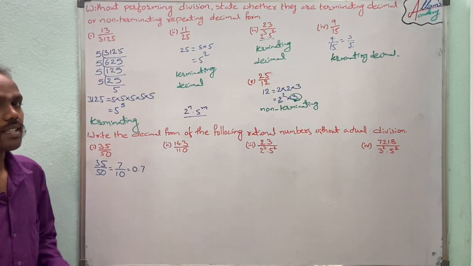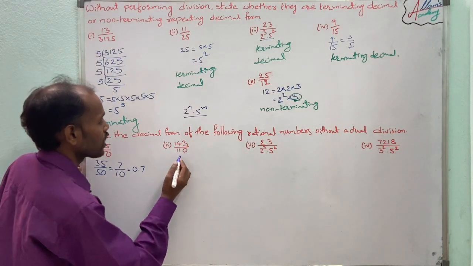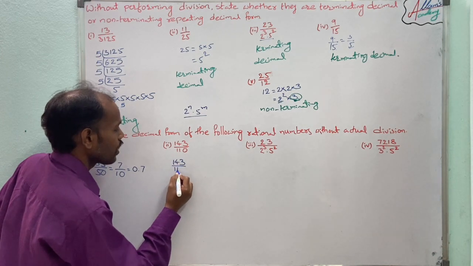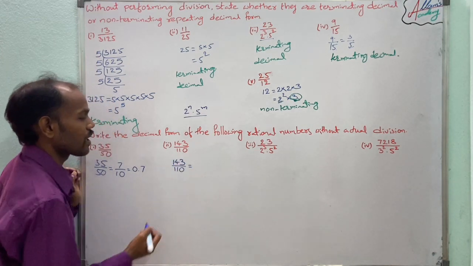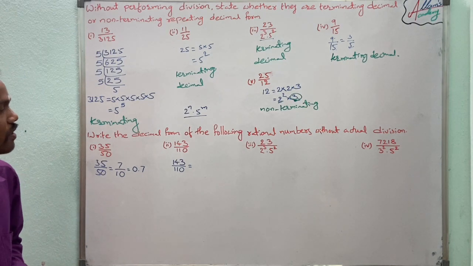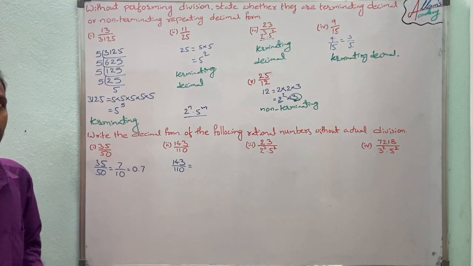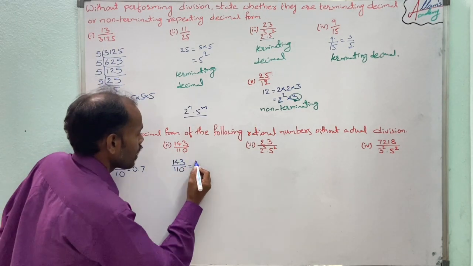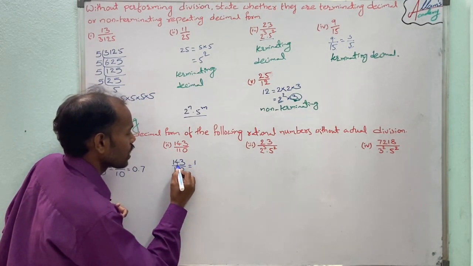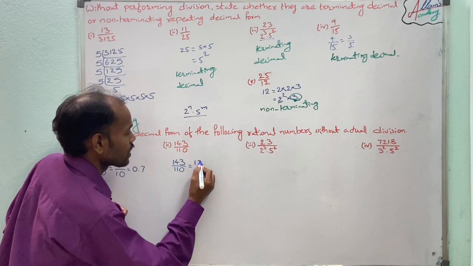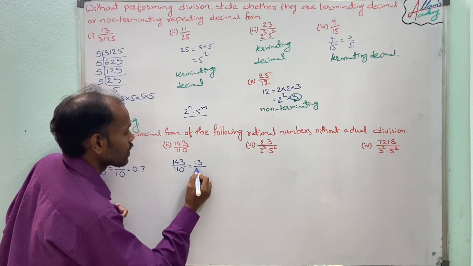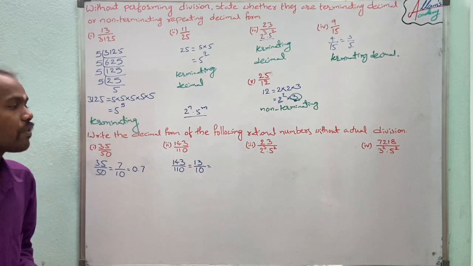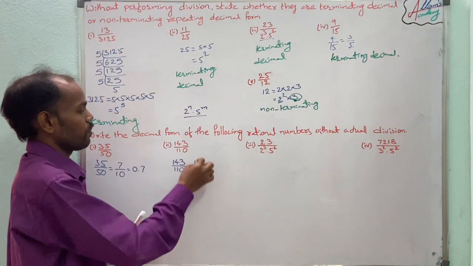In the same manner, the second problem is 143 by 110. If we observe the numerator and denominator, it is also not in the simplest form. Both numbers are in the 11 table: 11 ones are 11, 11 threes are 33, and 11 tens are 110. So it is now in the form of 2 and 5 product.